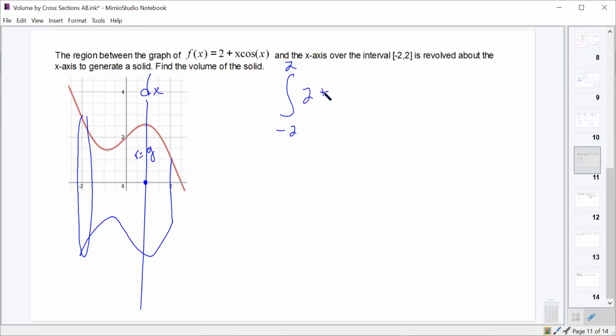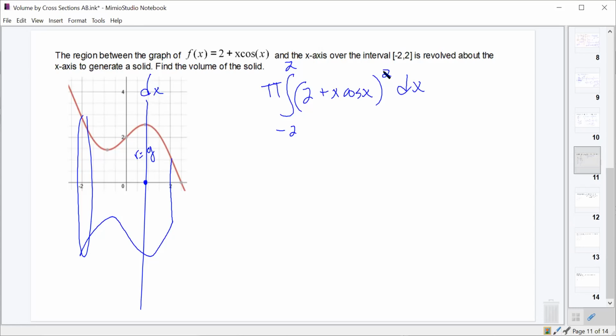So it should be 2 plus x cosine x, squared, dx. And we have to remember to put our pi out in front because it's pi times the radius squared dx. Good or no? Good. And that should be the exact volume of this.